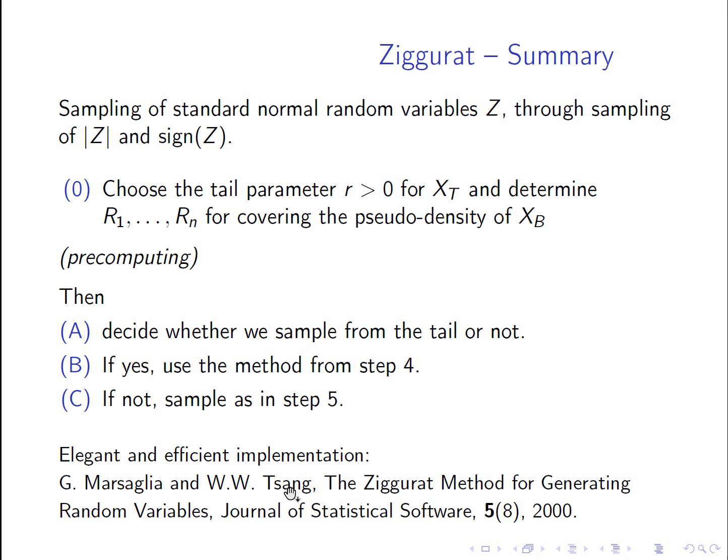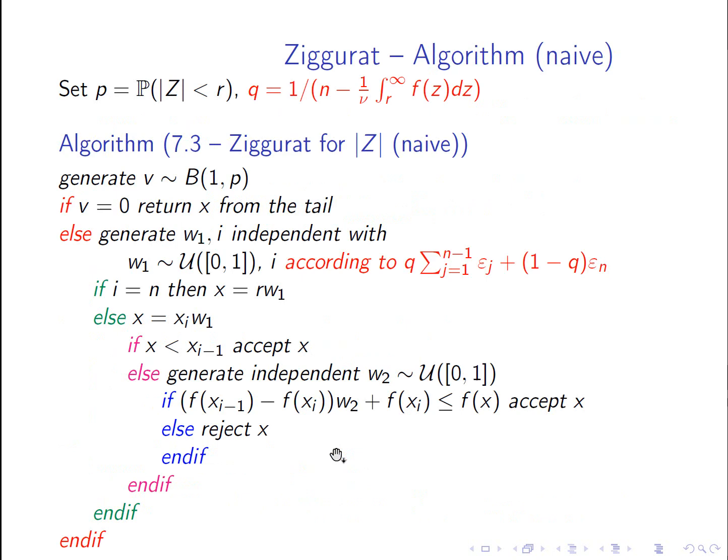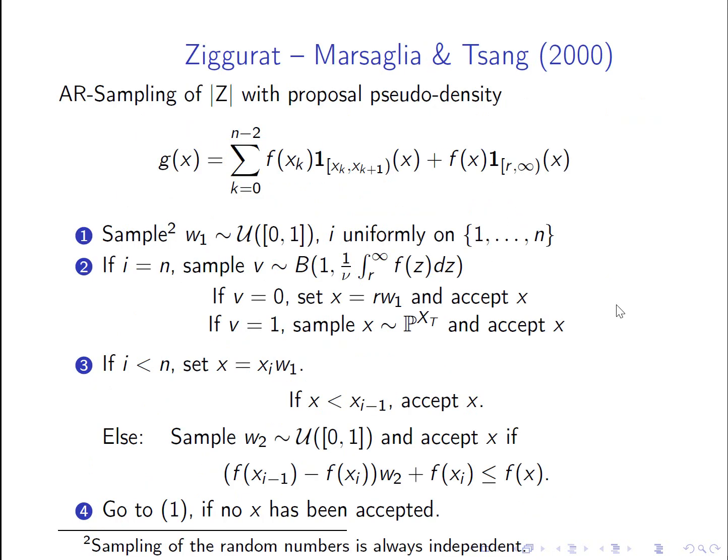But let me explain to you what I mean by this mixing. So here's the Marsaglia and Tsang version of a Ziggurat, and there's no direct splitting between the main part and the tail part. What they are doing is sampling the absolute value of Z with this proposal pseudo-density here.